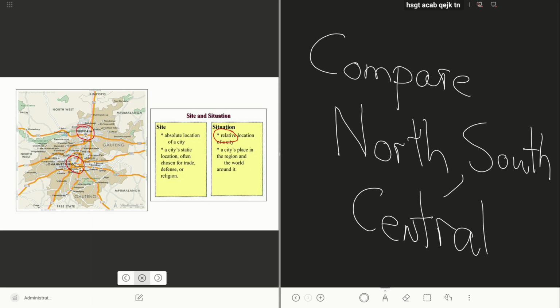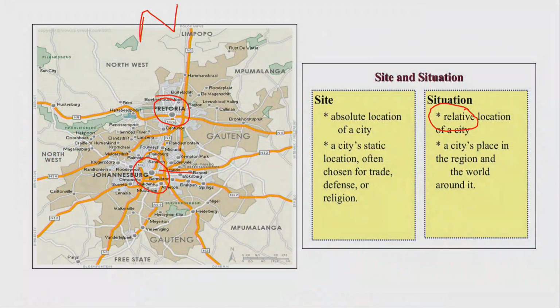So if we look at Johannesburg here, it has what kind of situation? If north is at the top of the map here, south is at the bottom, let me get my west and east right. West is there, east is there. Johannesburg is in the southwest of Gauteng. Is it centrally situated?